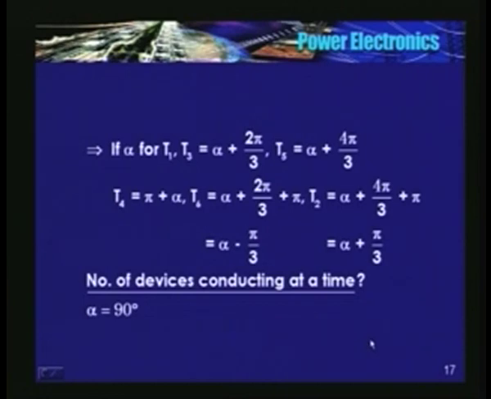It is this. If alpha is for T1, T3 is connected to B phase, so alpha plus 2 pi by 3, and T5 is alpha plus 4 pi by 3. T4 is anti-parallel with T1, so it is pi plus alpha.